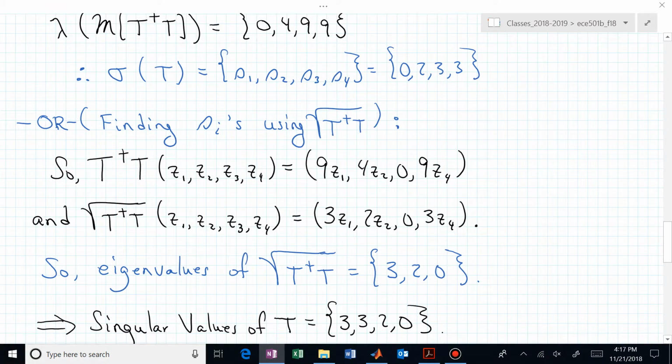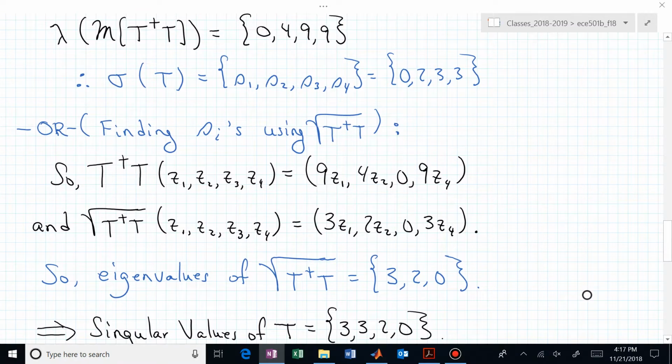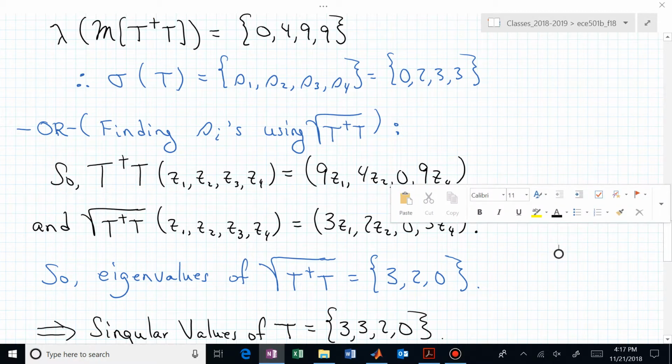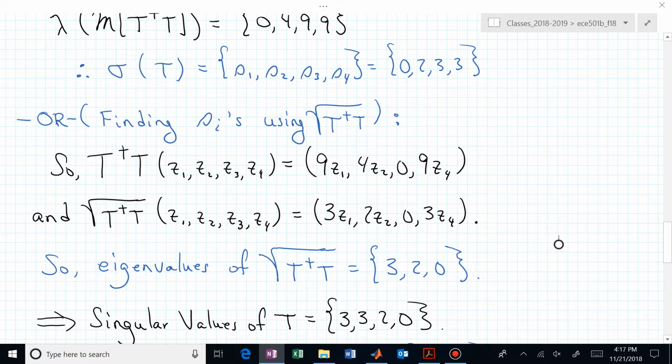That's consistent with the singular values found by looking at the top row on the screen right now, which concerns the eigenvalues of the matrix t dagger t. Using those, we take the square roots to obtain 0, 2, 3, 3, and those are consistent with the singular values we found by looking at the eigenvalues of the square root of t dagger t.